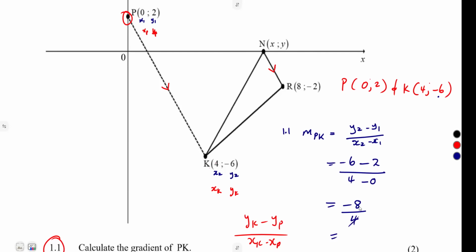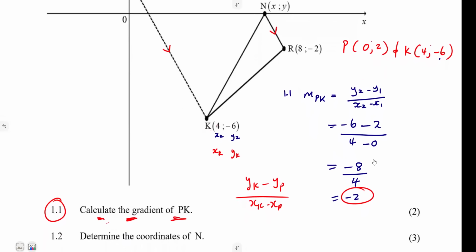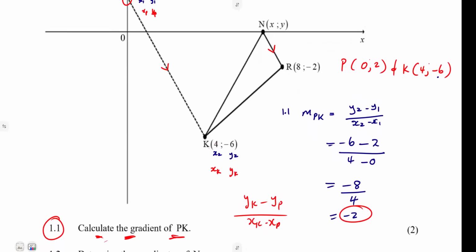So at the end, this is going to give us -2. If you cancel this, you are going to obtain -2 as your final answer. So that is the gradient of this line. Just in case you are going to use this later, you must remember these answers. So this is our gradient of the line PK, which we got as -2.